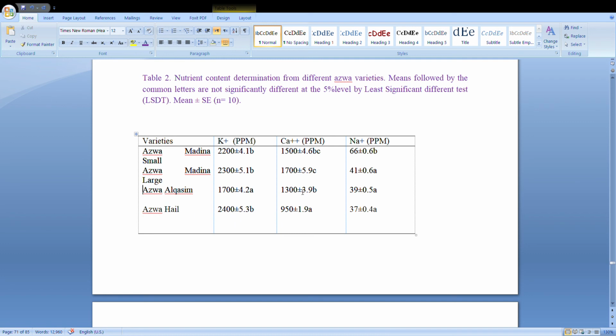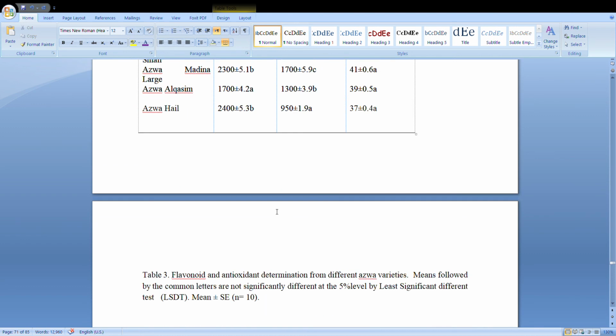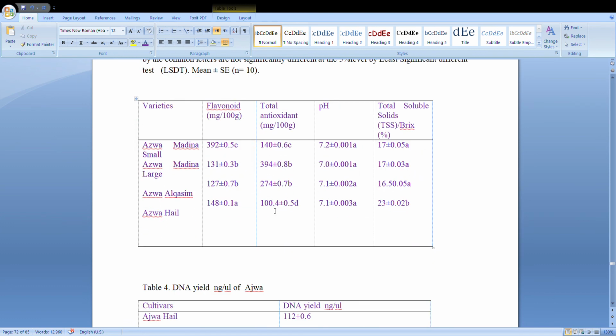Potassium content and calcium content are also higher in Madina, and then the sodium content is also higher in Madina. Then other flavonoid, total antioxidant, pH, and total soluble solids contents were also found higher in the Madina one.